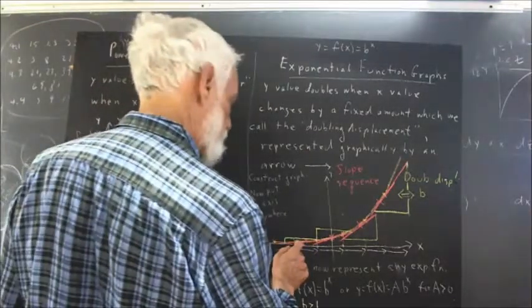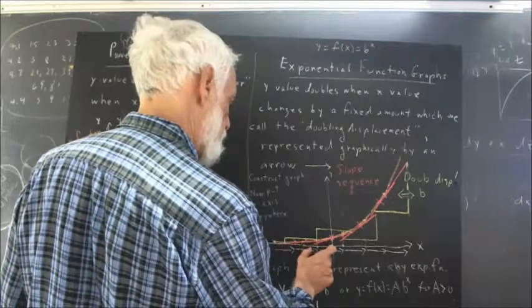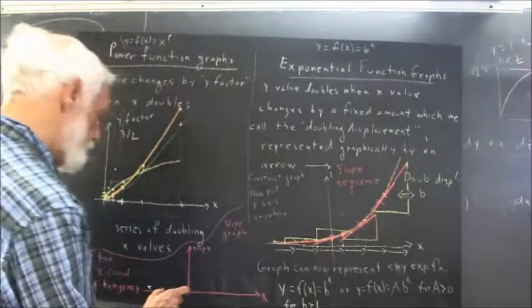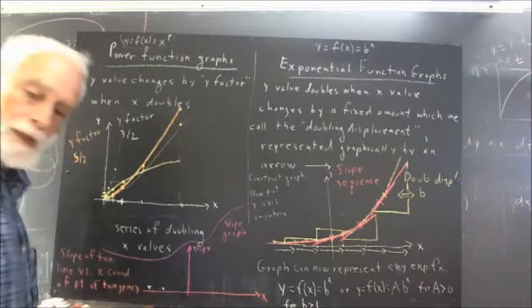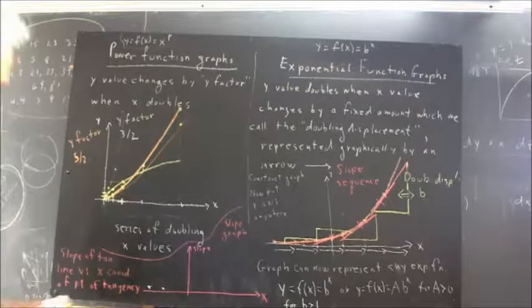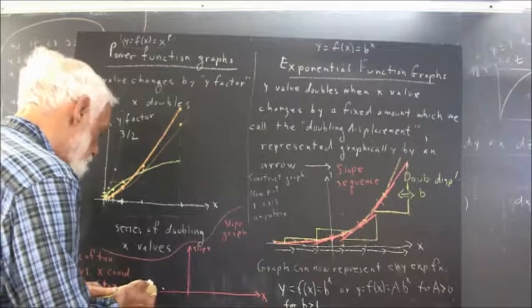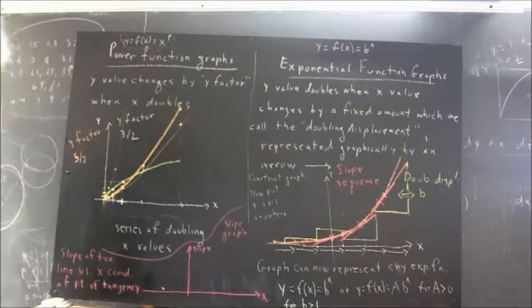That's not right. That's a point that I used in constructing the graph. The point of tangency is here. So my x value would be about here, and I'm going to put a point here. And I'm going to try to get rid of this point here. That looks like I got it.